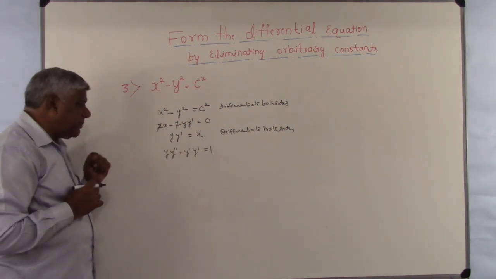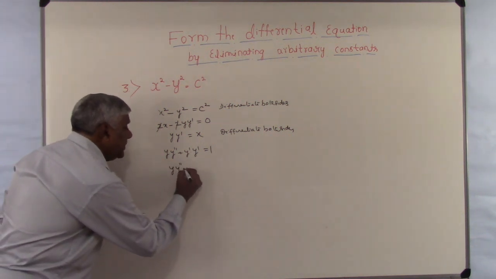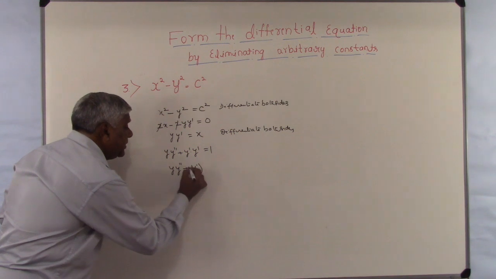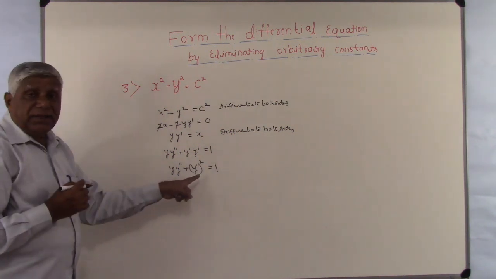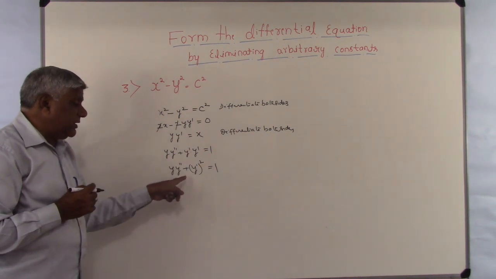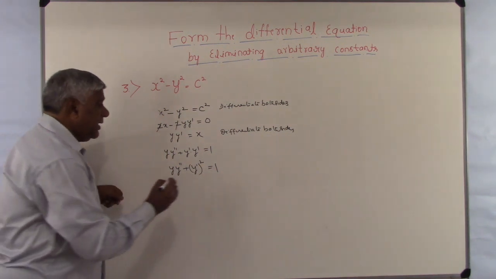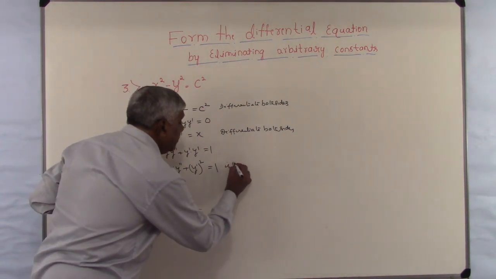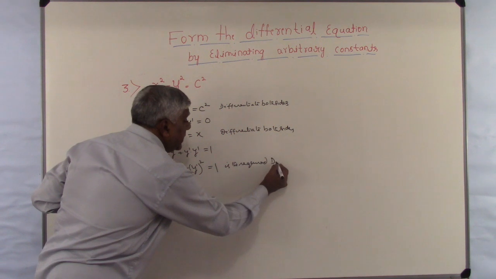So therefore what happens here? It becomes y y double dash plus y dash whole square is equal to 1, is the required differential equation.